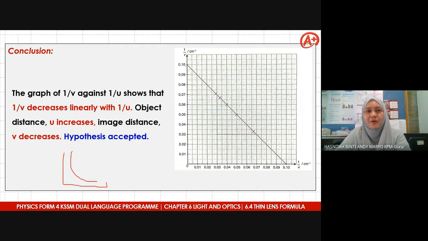So for this one, we just say 1 over V decreases linearly with 1 over U, which means when the object distance increases, the image distance decreases. So we have proof the hypothesis is accepted, where when U increases, image distance decreases.